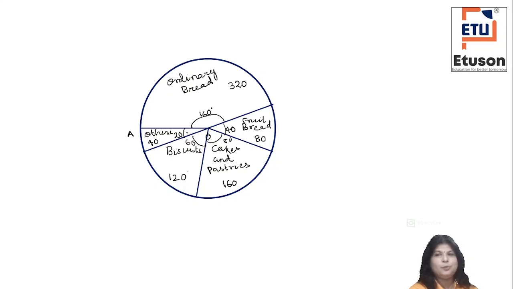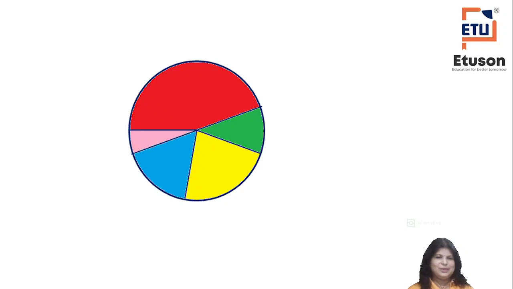To make it more attractive, you can color it like this. Then you can just write down the different categories.